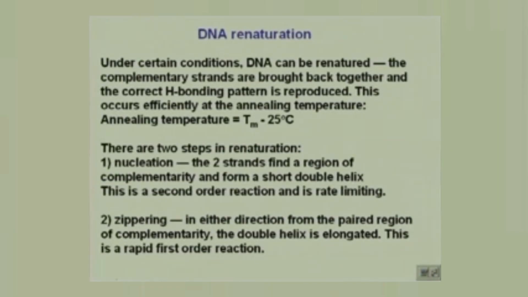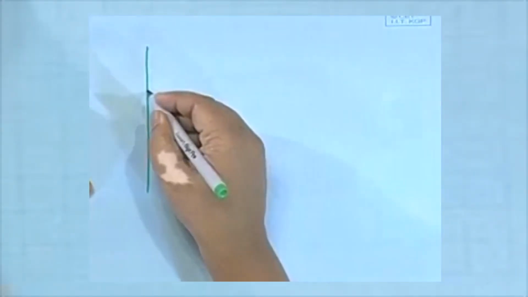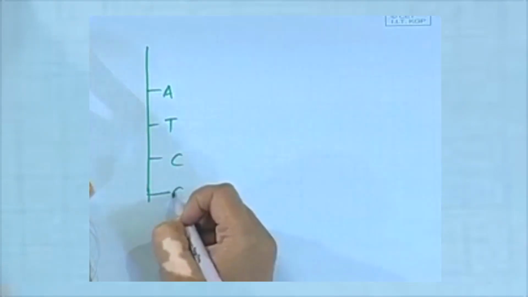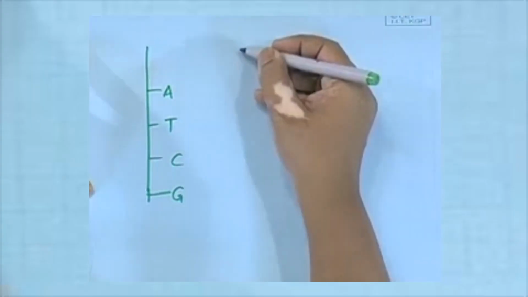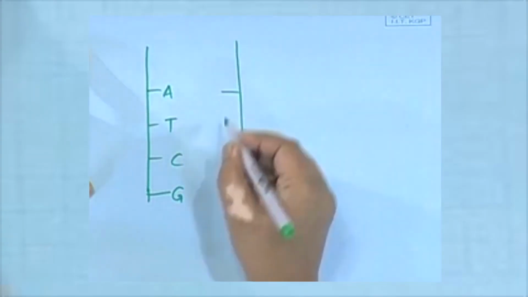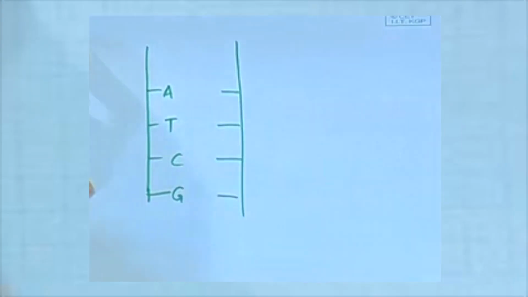And you understand that only if it finds a correct set, otherwise what will happen? It will form a bulge, right? Suppose, what are we looking at here? We have two strands, A, T, C, G. We have other strands floating around, but say it has found this part that is complementary to it.